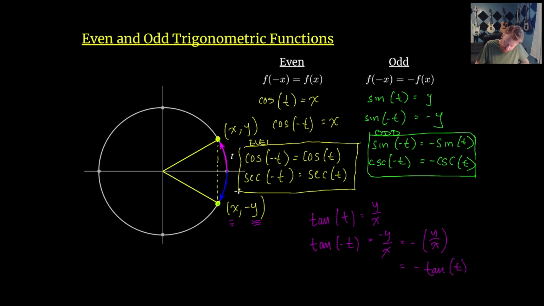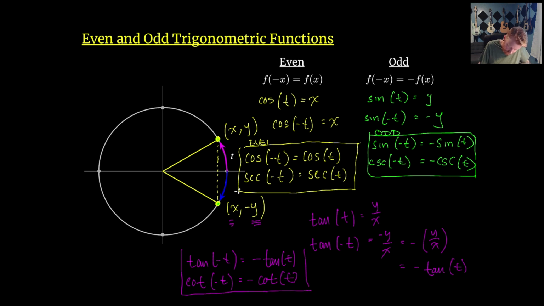So here we see, similarly, that tangent of negative t is equal to the negative tangent of t, which means that tangent is odd. So we will throw in its counterpart here, its reciprocal. Cotangent of negative t would give us negative cotangent of t. So a couple more odd functions here.